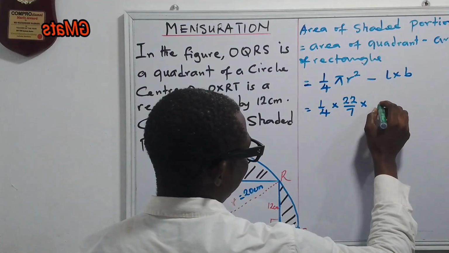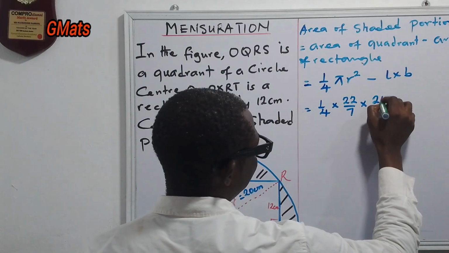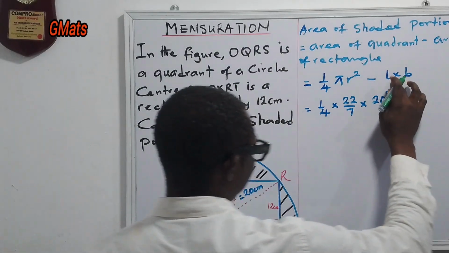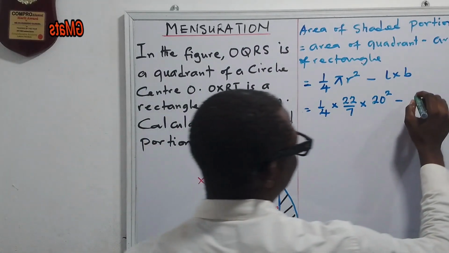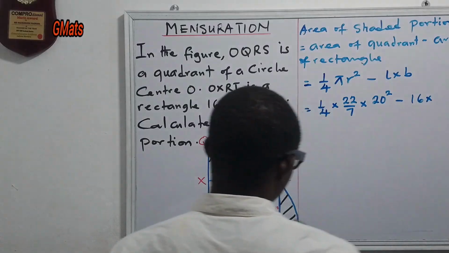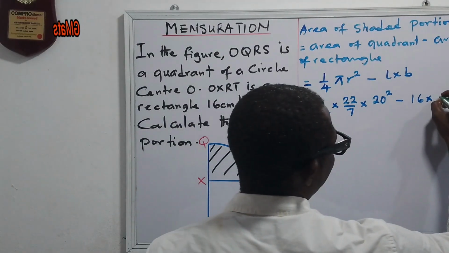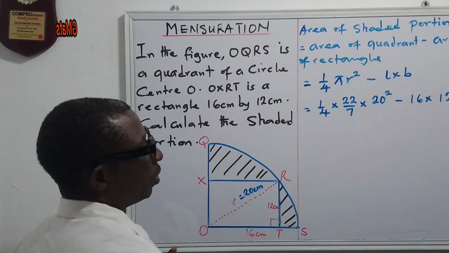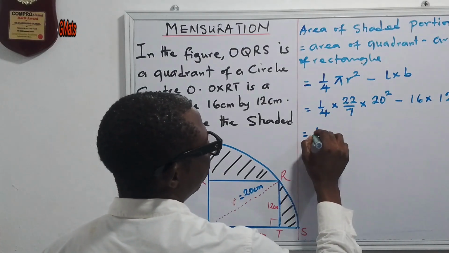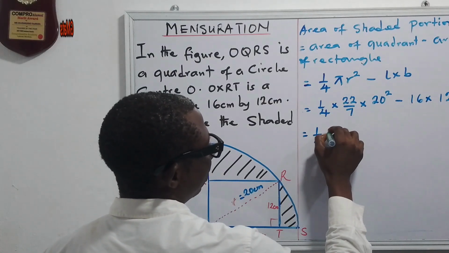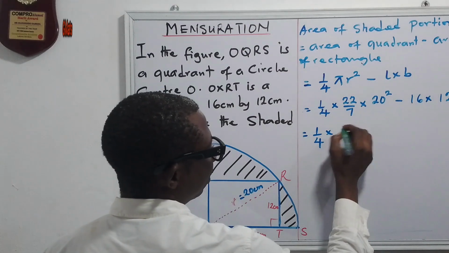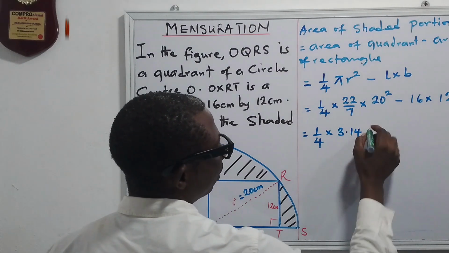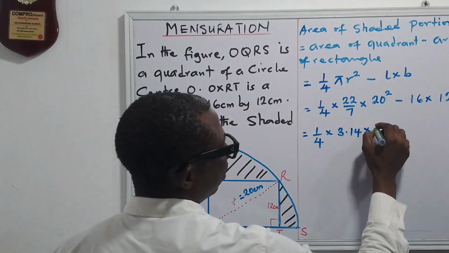Your radius is 20 square, minus the length, which is 16, so we have 16 times 12. Now this is going to give you 1/4 times, this is the same thing as 3.14, we can leave it that way, times, when you square this, you have 400.